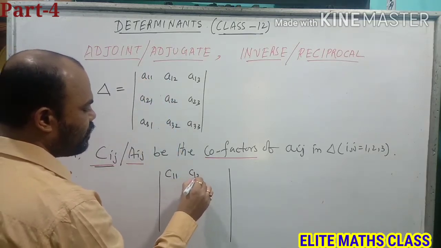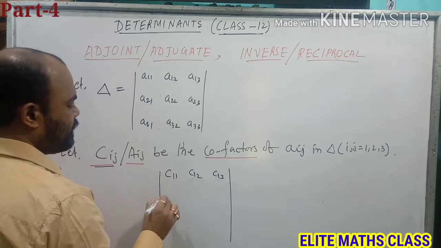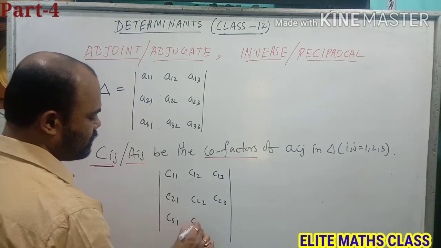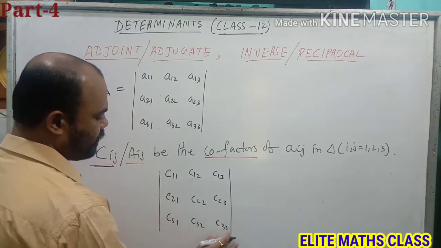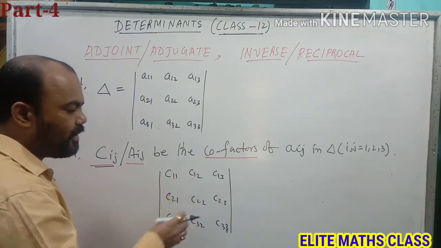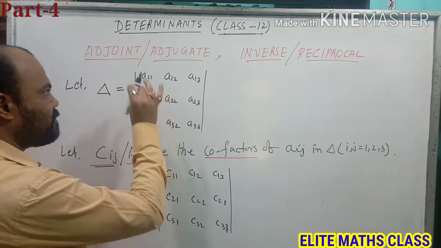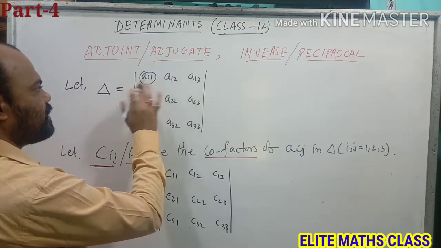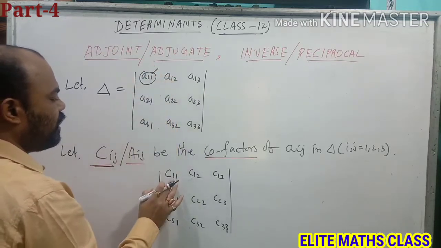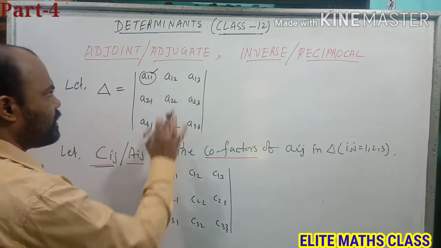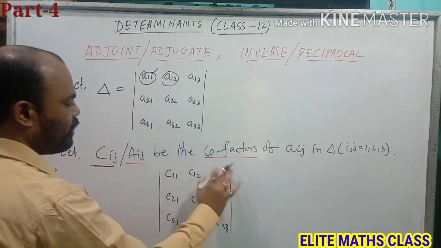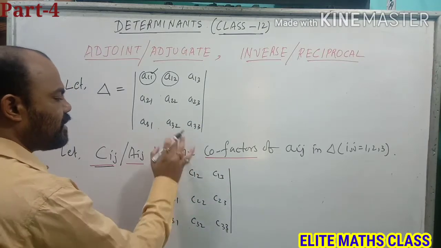Here I am writing C12, C13, C21, C22, C23, C31, C32, C33. Now see how this determinant is formed. It is just by replacing each element by its cofactor. That is, in place of this element you replace the cofactor of this element, in place of this you put the cofactor of this element, and so on. So we are getting a determinant of order 3/3 also.